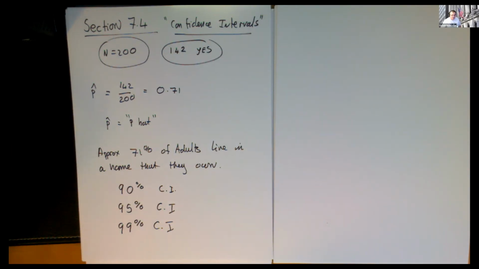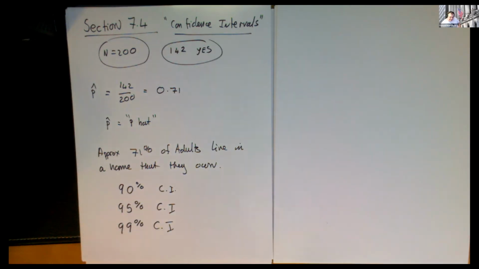Confidence intervals tend to be at those fixed amounts. The textbook goes into some weird ones, which I'm going to totally ignore and never use. I think if you read the textbook, they talk about you could have an 80% confidence interval, some weird number like that. They are not standard. Nobody in statistics uses those. So these 3 they do use.